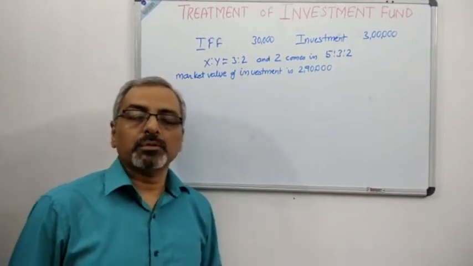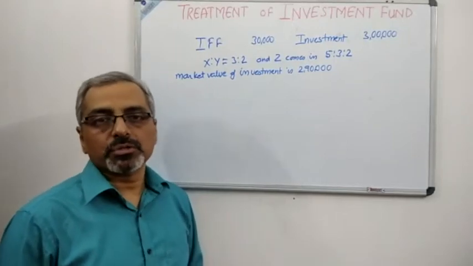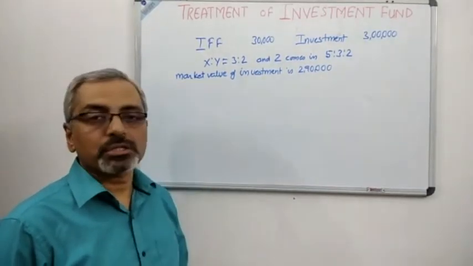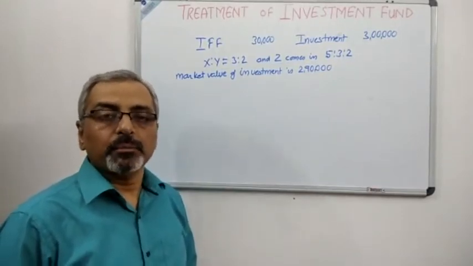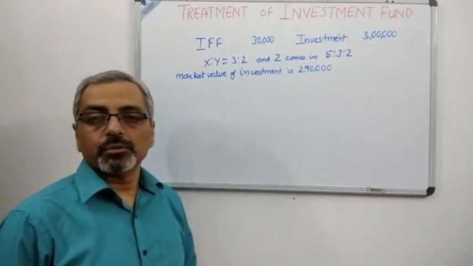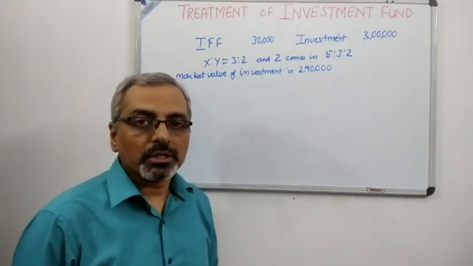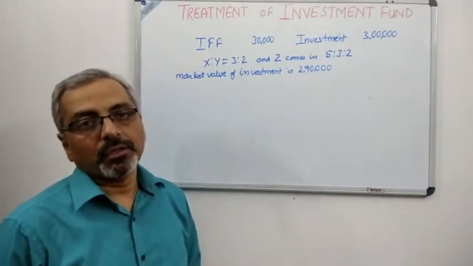In simple words, what I mean is that the investment fluctuation fund will now become 20,000 because 10,000 will be adjusted from it against investment, and the remaining 20,000 will be distributed among old partners in the old ratio, which is 3:2. So let us pass the journal entry and see the impact.